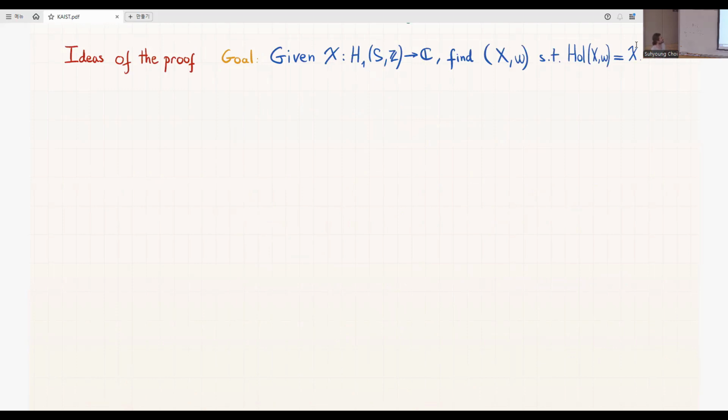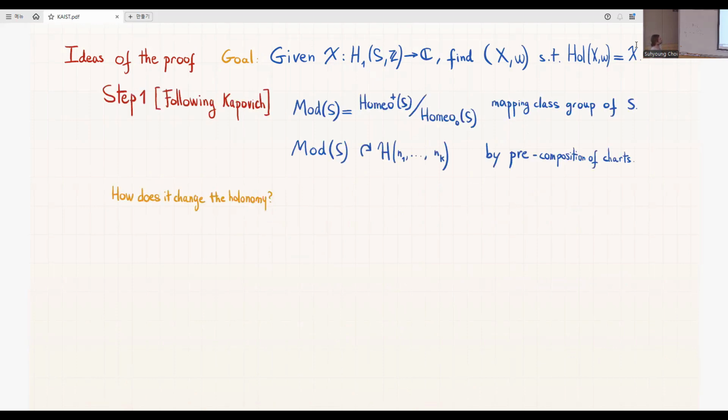Just some ideas. So imagine you're given a χ and you want to find a translation surface whose holonomy is χ. Well, we are also going to do a two-step proof. And the first step is following ideas of Misha Kapovich. What we're looking at is the mapping class group, which is the group of orientation-preserving homeomorphisms up to isotopy.